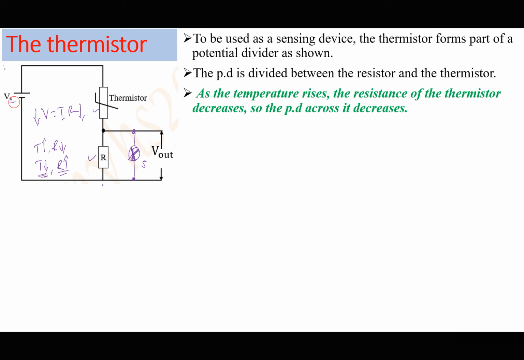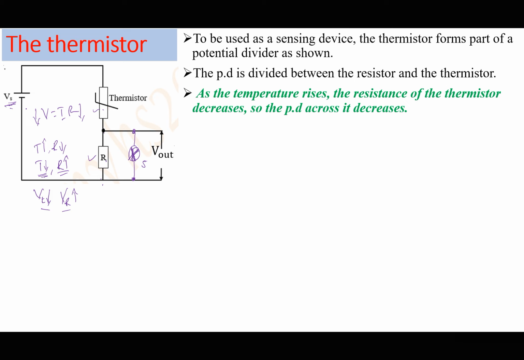But remember, the voltage Vs is divided between the thermistor and R. If the PD across the thermistor decreases, it means the PD across the fixed resistor must increase because the total should remain Vs. So as the temperature rises, the resistance of the thermistor decreases, so the PD across it decreases.